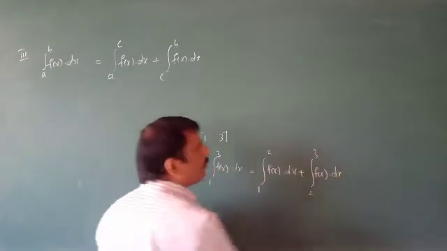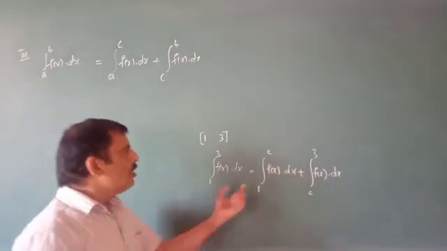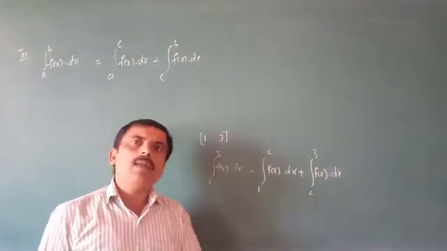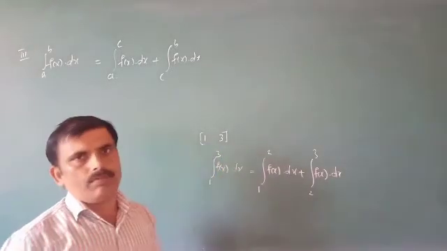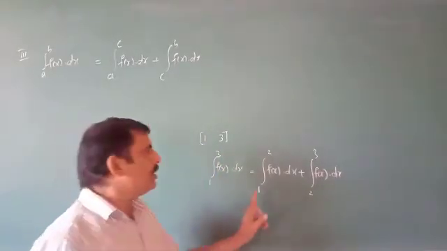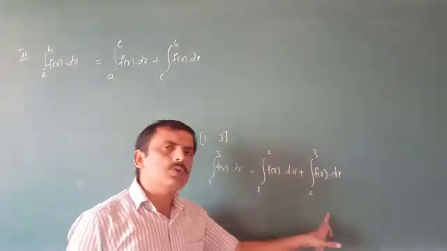Understood? So the splitting of the limit of integration is in between 1 and 3, the values must be inside.